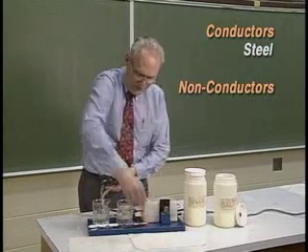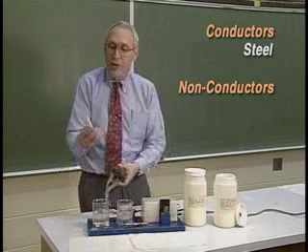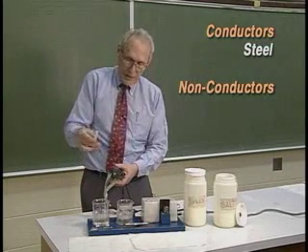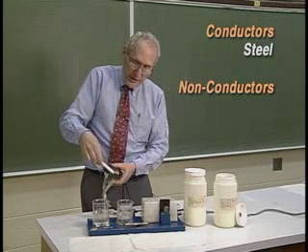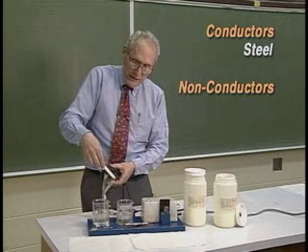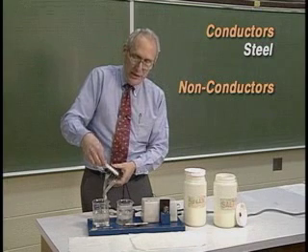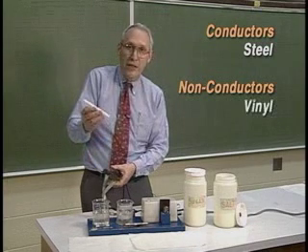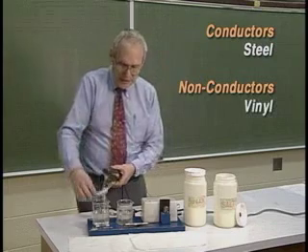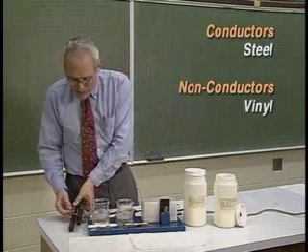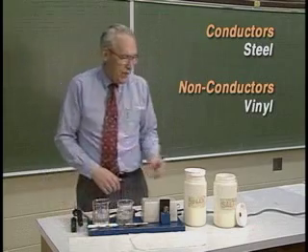On the other hand, here's a piece of what appears to be a vinyl-like substance, and if we lay this substance across to test it, the light doesn't come on, and so we classify this substance as a non-conductor of electricity.